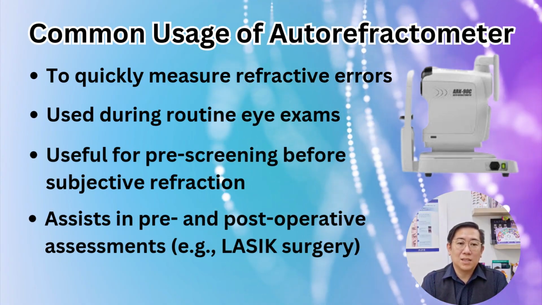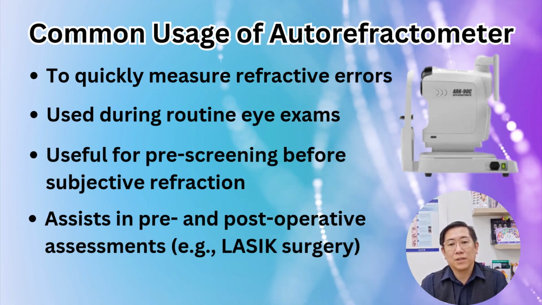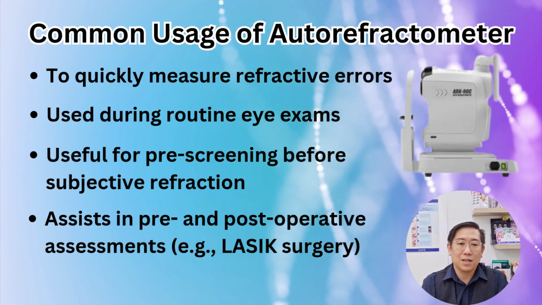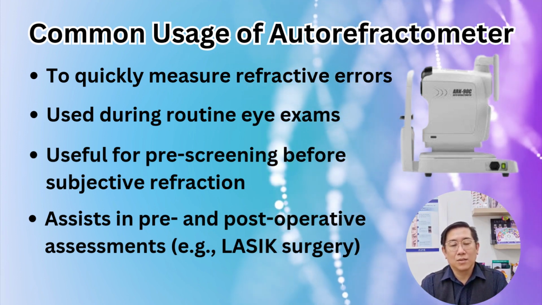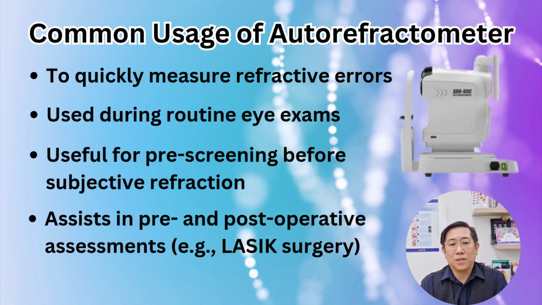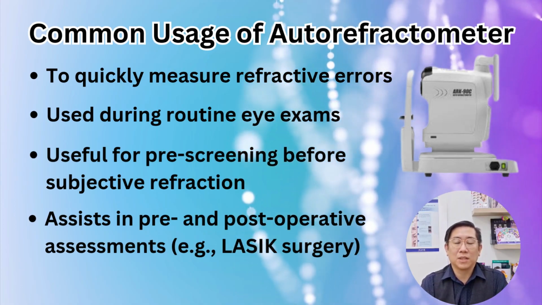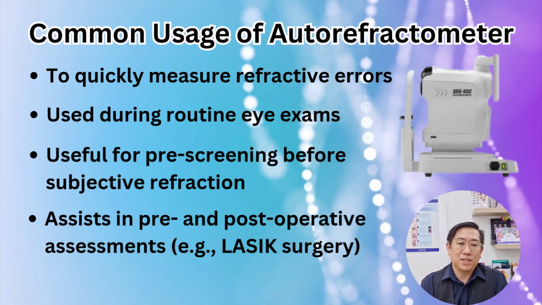Most importantly, it's important to remember that the autorefractometer cannot detect other eye diseases. It only measures refractive status, not your eye health. Therefore, its reading must always be confirmed and refined through subjective refraction performed by an eye care professional.